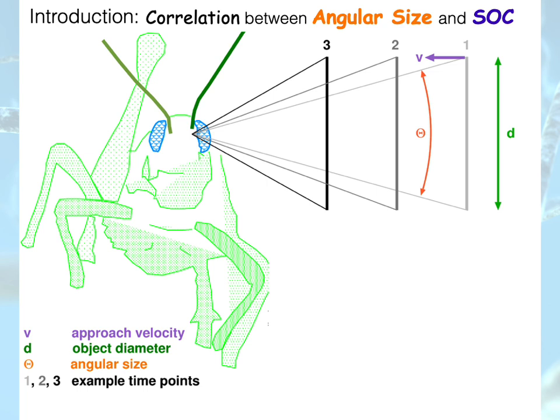So our perception has to deal with the angular size rather than the physical size. But then we can use angular size to determine the distance to an object. The important point is that angular size and the sum of temporal contrast, or SOC, are related to each other. But first, let's do an example.